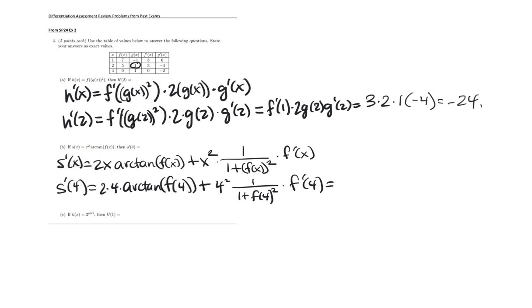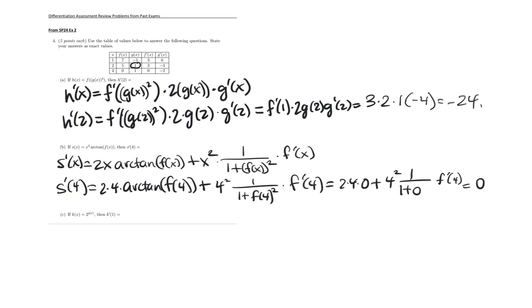Arctan of 0 is 0. So 2 times 4 times arctan 0, which is 0, plus 4 squared times 1 over 1 plus f of 4, which is 0. And then f prime of 4 is 0. F prime of 4 is also 0. So that all zeroes out too. So everything gives me 0.